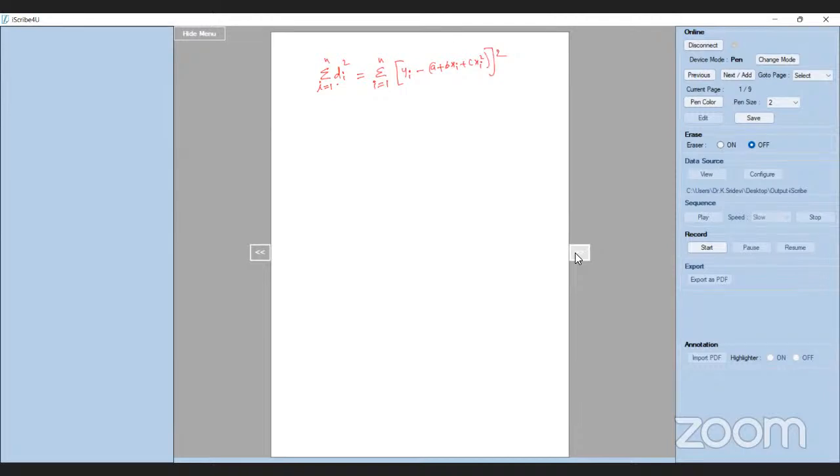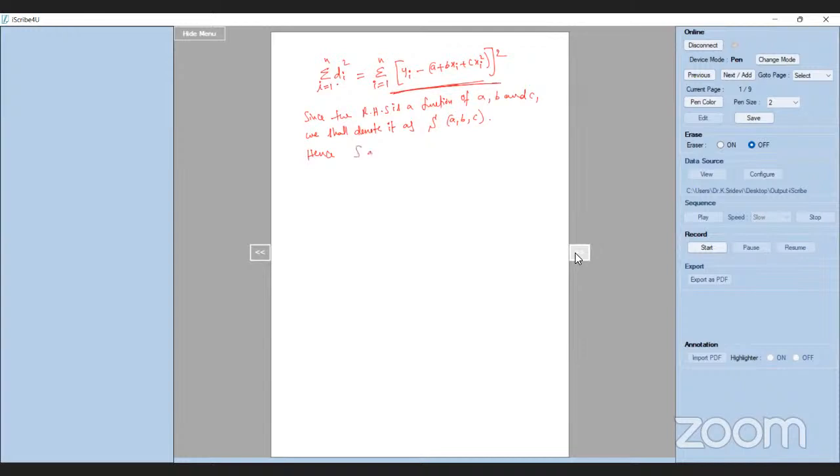So we know that the right hand side is a function of the three parameters a, b, and c, so for our convenience we shall denote it as capital S of a, b, c.